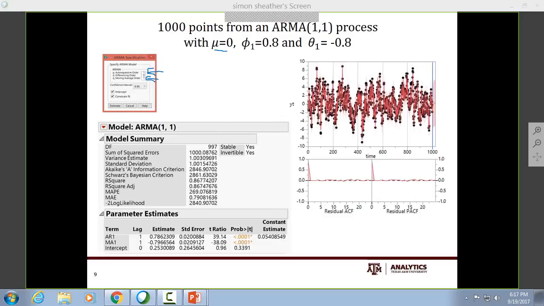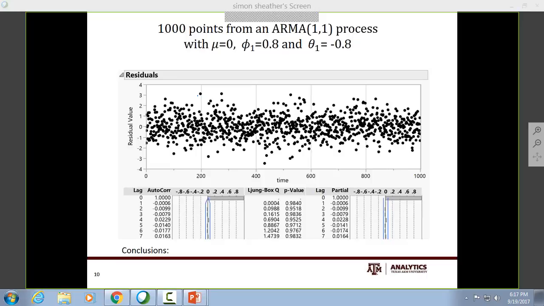So we get 0.786 for the estimate of phi1, and minus 0.797 for the estimate of theta1. So we do reproduce the truth pretty well. And here are our residuals. The residuals resemble white noise. So ARMA 1,1 is a valid model, which is not a surprise, because we know the process from which the data are generated.